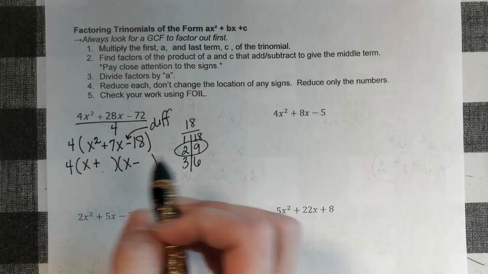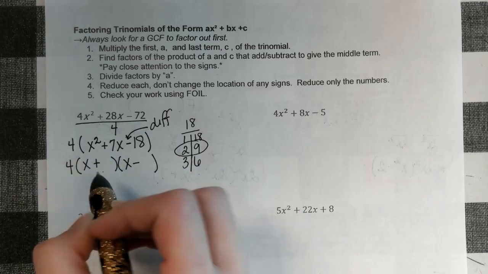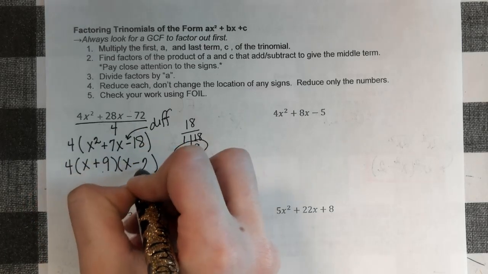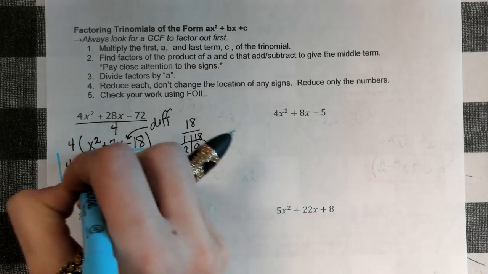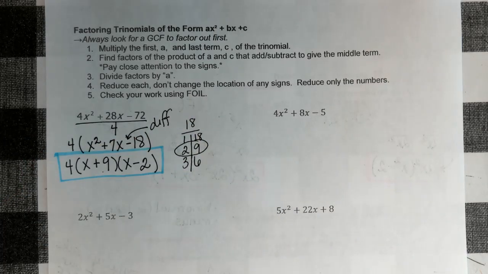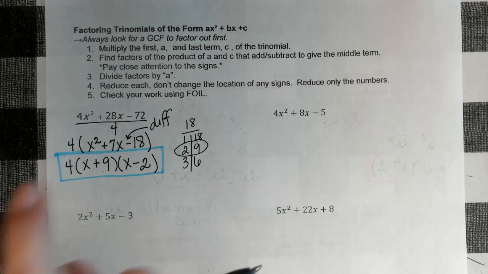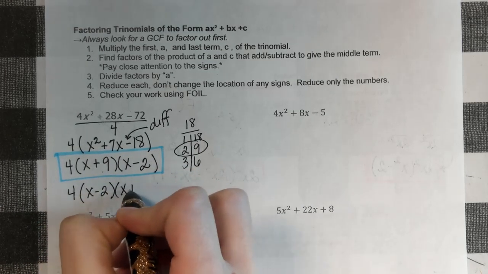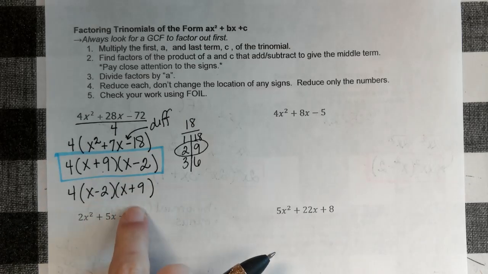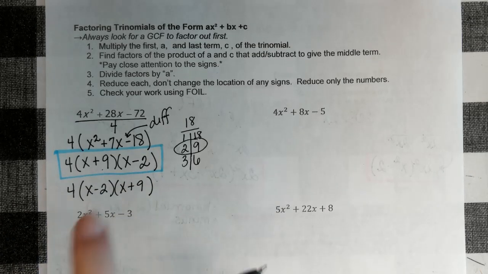The larger factor takes the sign of the middle, so 9. Does it matter which one has the plus and minus? As long as you can write it 4 times x minus 2, x plus 9. It's the same as long as the 2 is negative and the 9 is positive. Yeah, it doesn't matter which order as long as you have the right sign with the right number.